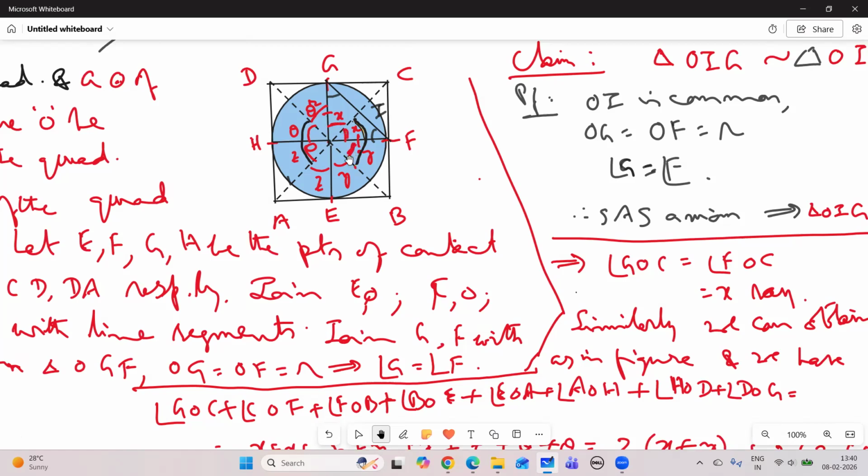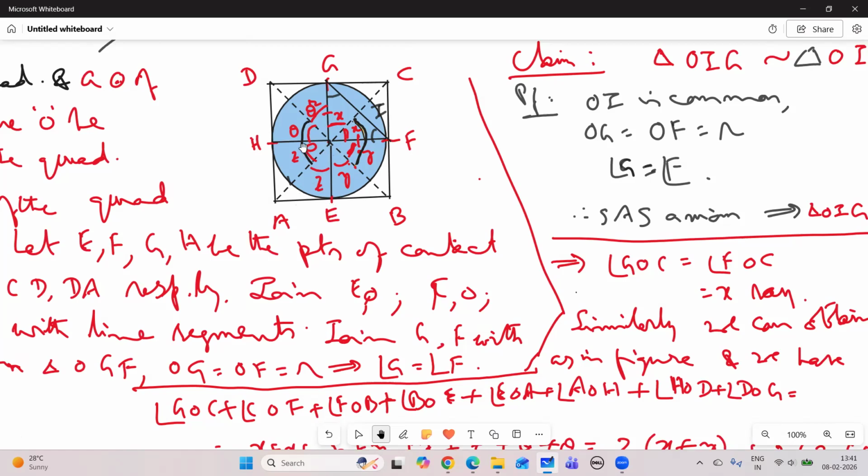Similarly, you can obtain that the angle between this radius and this line segment joining center with vertex, y, is equal to this angle made by this OB with this radius passing through this point of contact.